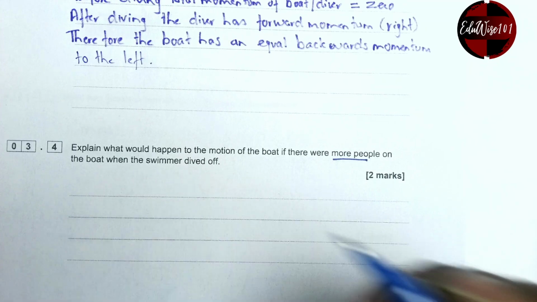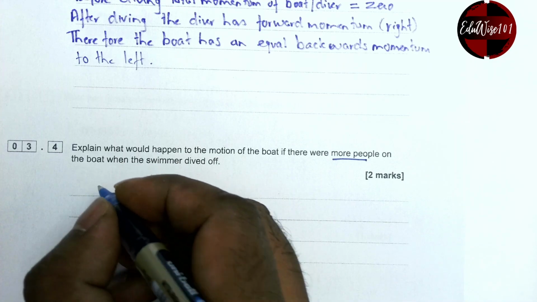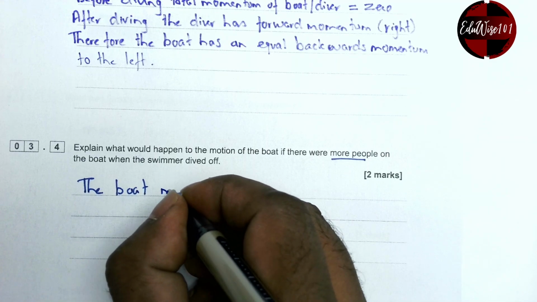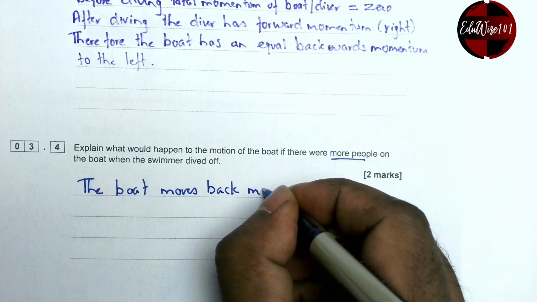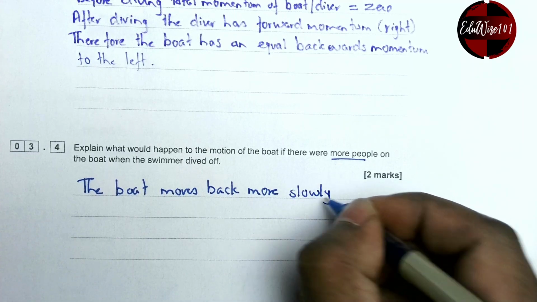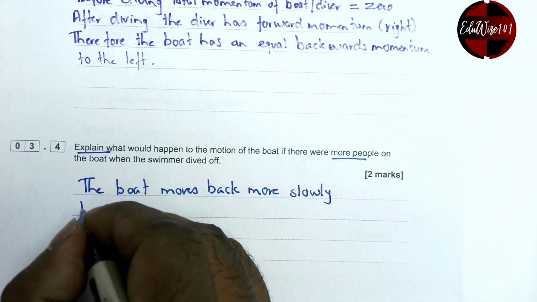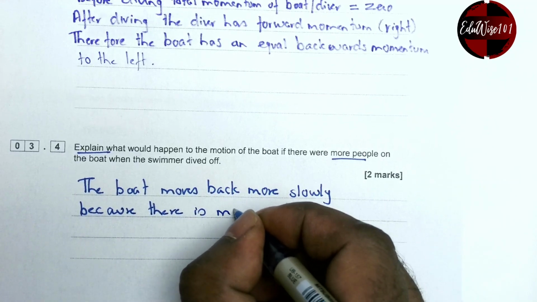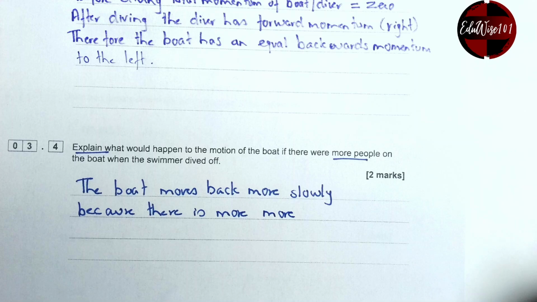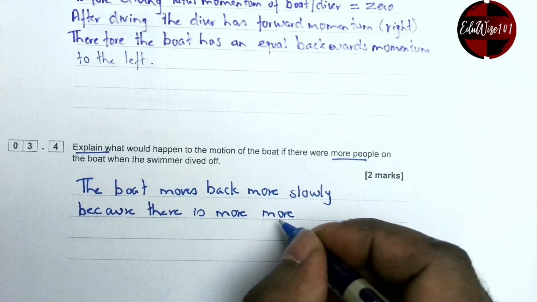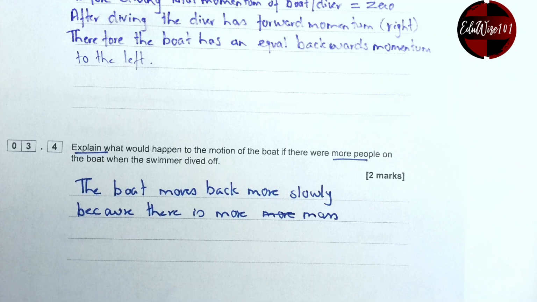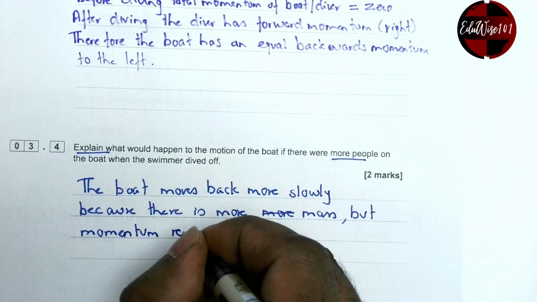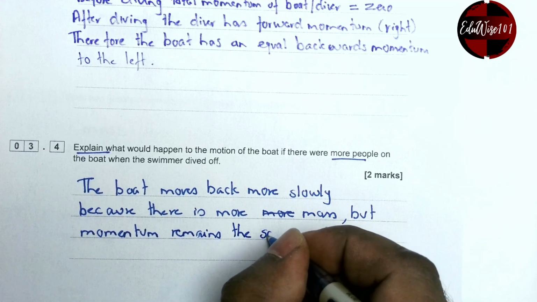So the boat will still move backwards, but the boat moves back more slowly, because there is more mass, which is referring to the mass of the boat, but momentum remains the same.